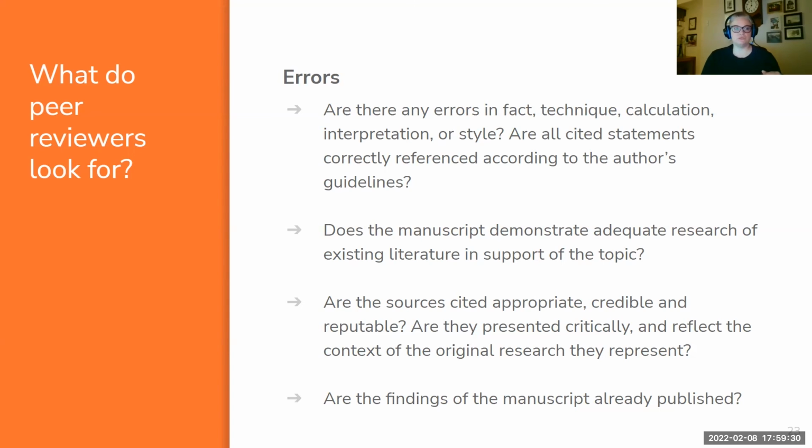Because the other thing is that you can't just say something. A lot of times you have to back it up with a lot of existing literature. So you want to make sure that the literature you've selected to back up what you're trying to say is on point, because some of the things I've seen as a peer reviewer is that people will have their statement, their argument, and then they back it up.